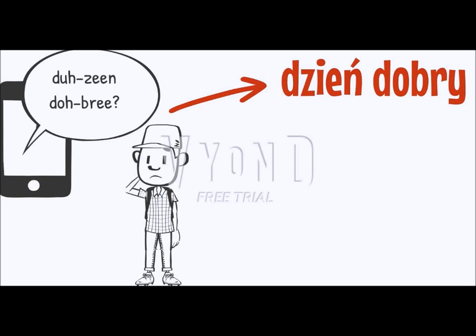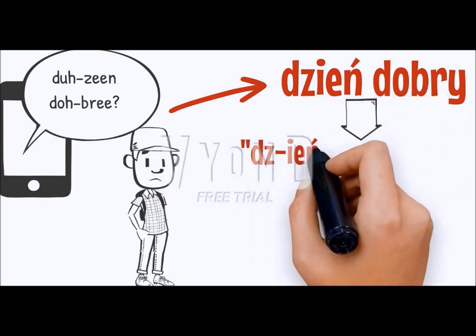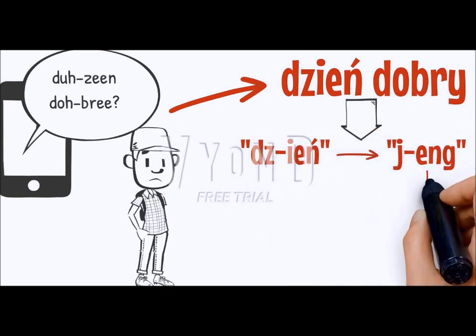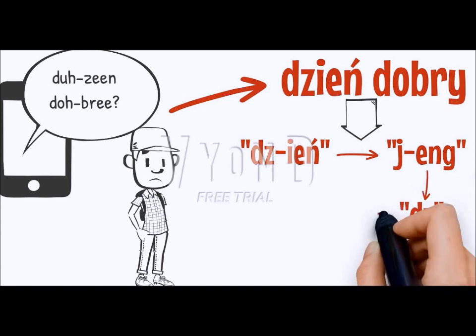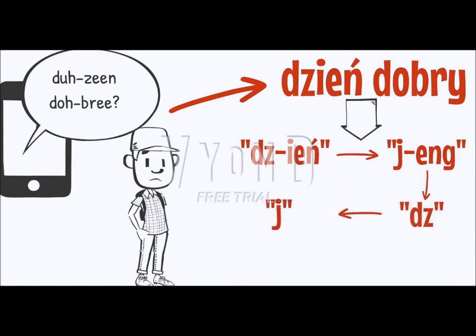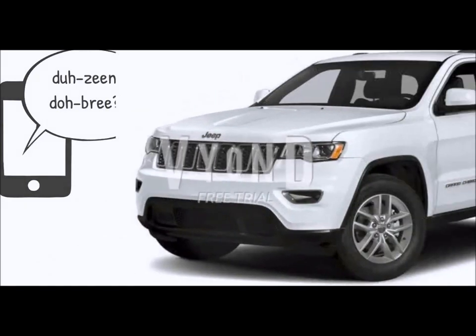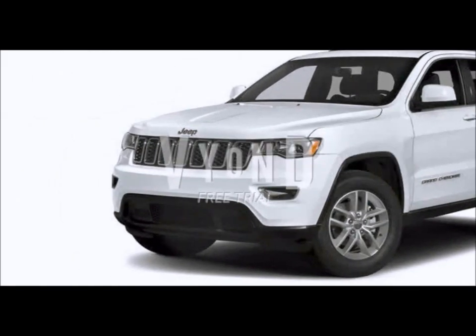So you might start with dzień dobry, and you might write it on the board, you may not, but you may just start with having students say j, and then eng to get that jing, the first part, down, and you may even go a little bit further and give them some sort of representation of what that sound is supposed to be. So for the J in dzień dobry, you may just ask them to say the word jeep a couple times so that they can really connect to what that sound is supposed to sound like.